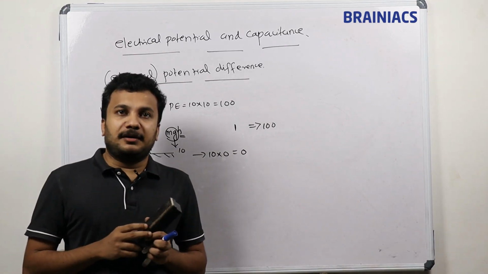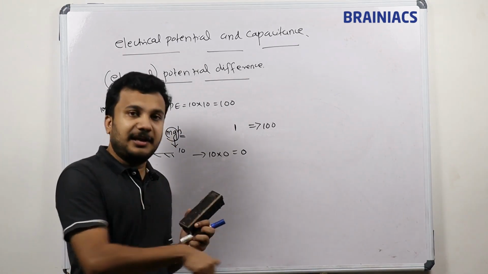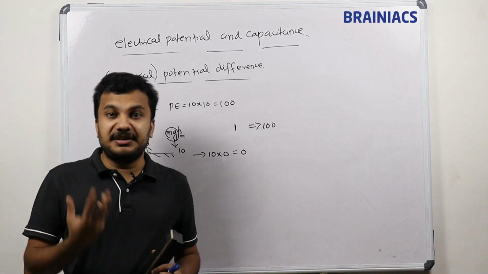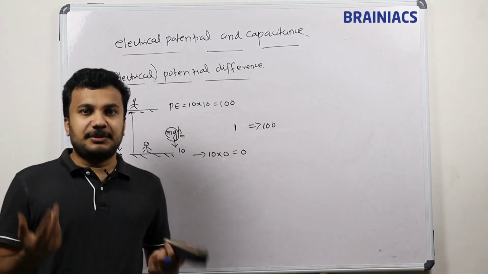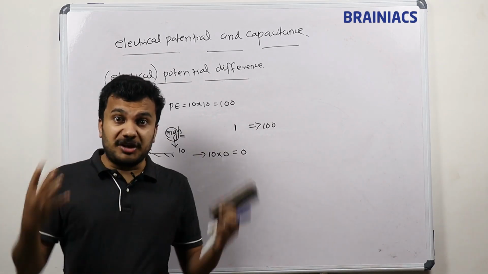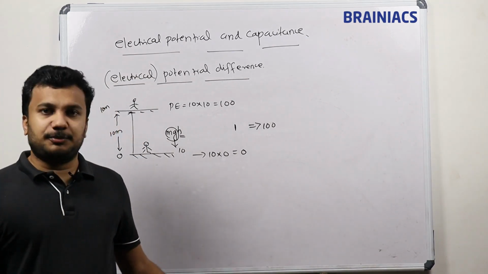For example, suppose I am on the ground and I want to climb a bench or desk. If I climb a bench or desk, I am spending some energy, right? Suppose I spend 10 joules of energy, and somebody asks what is your potential energy with respect to ground.